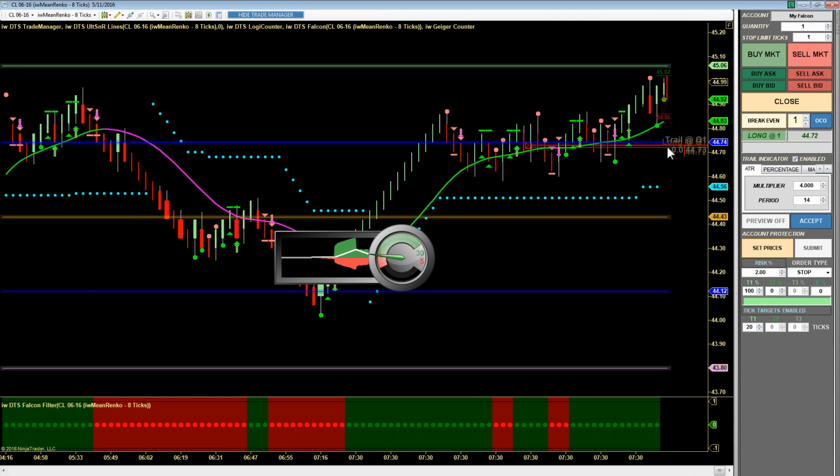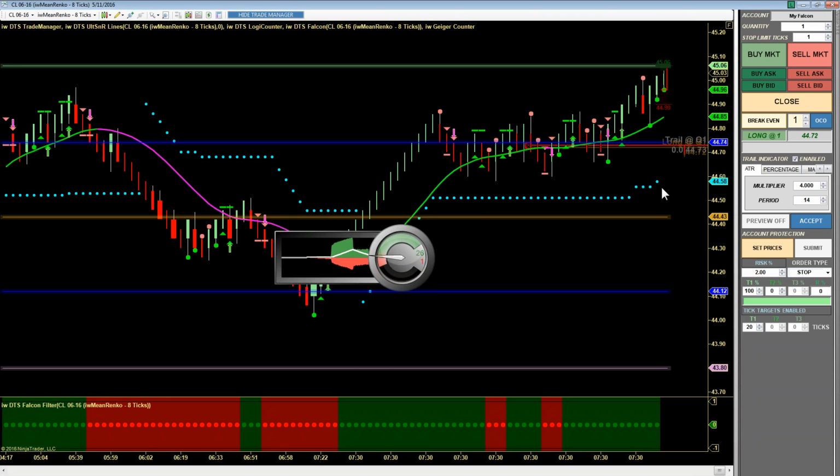We hit the break-even trigger. That's why the stop is up here instead of down here. I should have disabled the break-even trigger, but we caught a little bit of a lucky break. Price is not looking back too far. Seeing a little bit of a reaction now here at the secondary resistance at the 45.06 line.